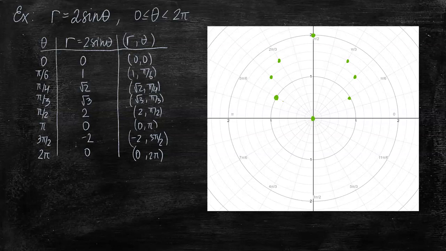And at 3 pi over 2, so when we're facing 3 pi over 2, it's going to be -2, so we're going to be again here. So it seems like we're going to go this way, and then we're going to do another rotation.